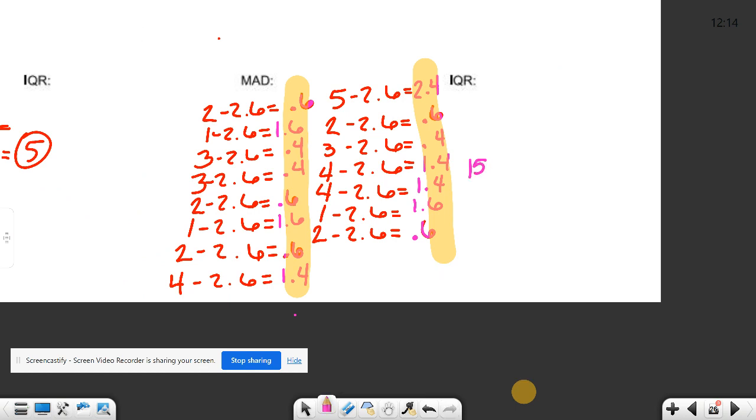So 15.6, and then what do we do? Divide by how many numbers we have, and how many numbers do we have? 15. So 15.6 divided by 15 gives you what? 1 and 4/100, or 1.04.